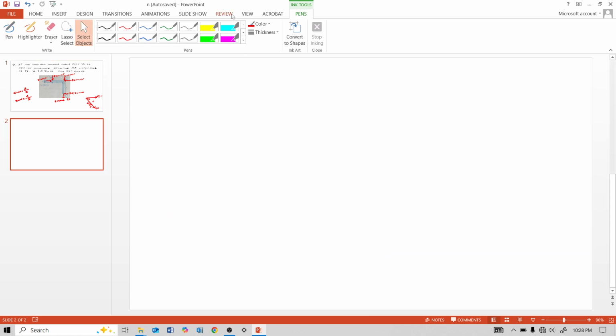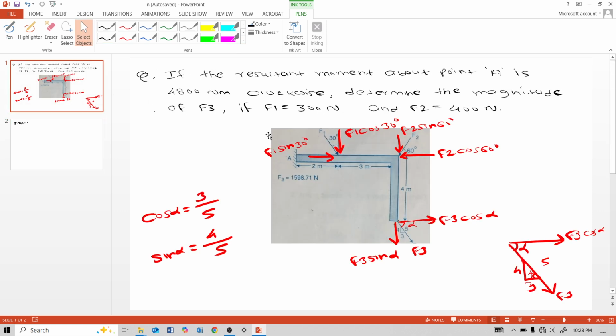So next we will take moment at point A equal to 0. See here, this F1 sin 30 degree component is passing through that point A, that means it is not making any perpendicular distance between that particular point and that force, so it is 0.